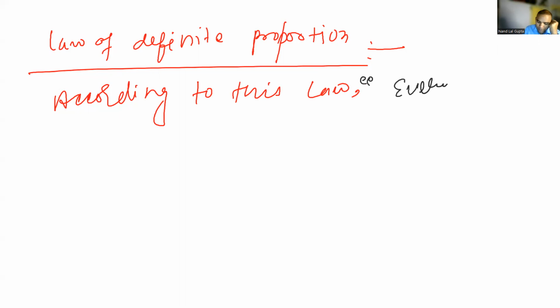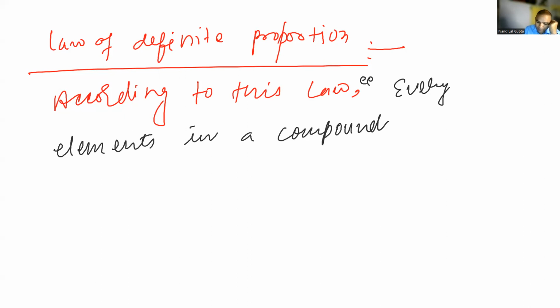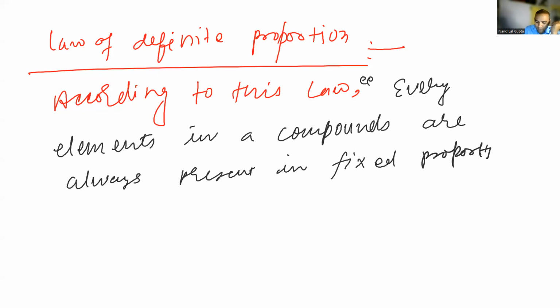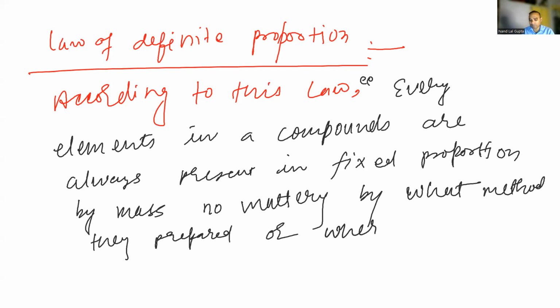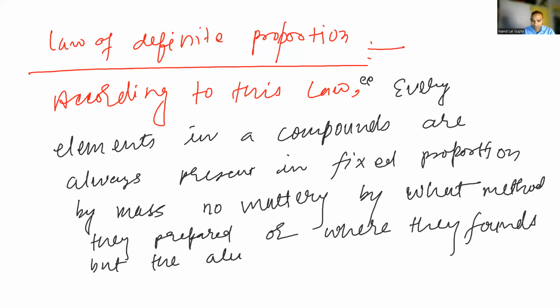every element in a compound is always present in a fixed proportion by mass, no matter by what method it is prepared or where it is found, but they always bear a simple whole number ratio.